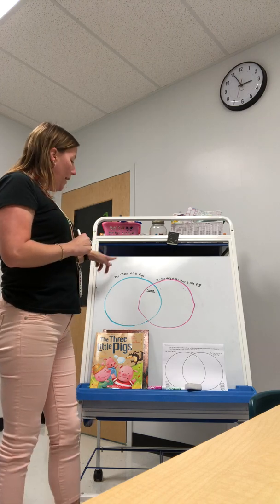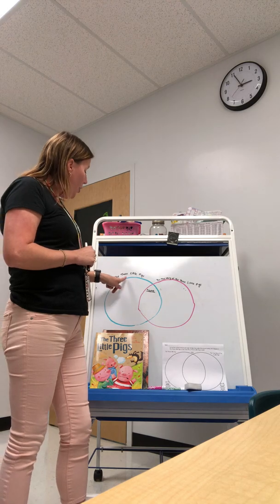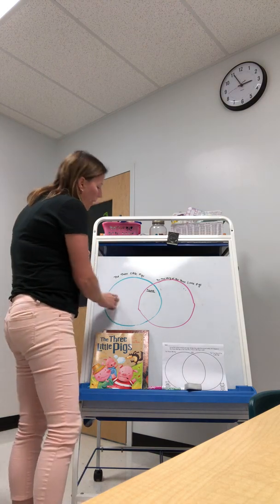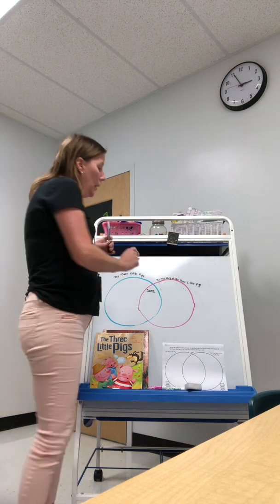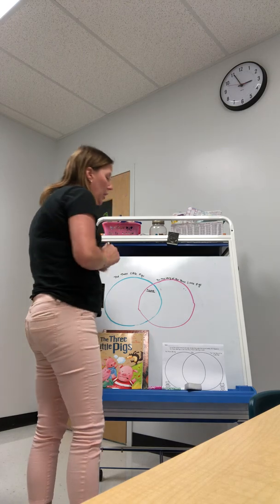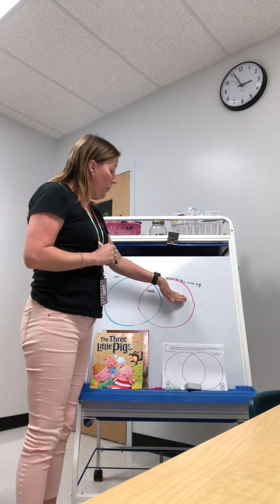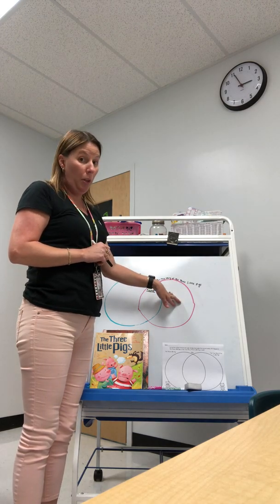So your Venn diagram has two labels. Your first circle is labeled the Three Little Pigs. Everything in that first circle is going to be only about the story of the Three Little Pigs. Your second circle is labeled the true story of the Three Little Pigs. All of the information that we write in this circle is going to be about the true story of the Three Little Pigs.